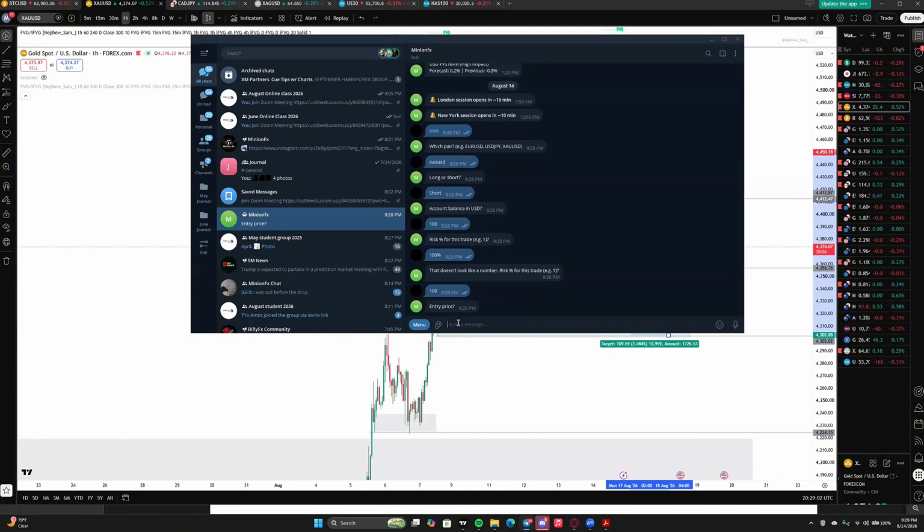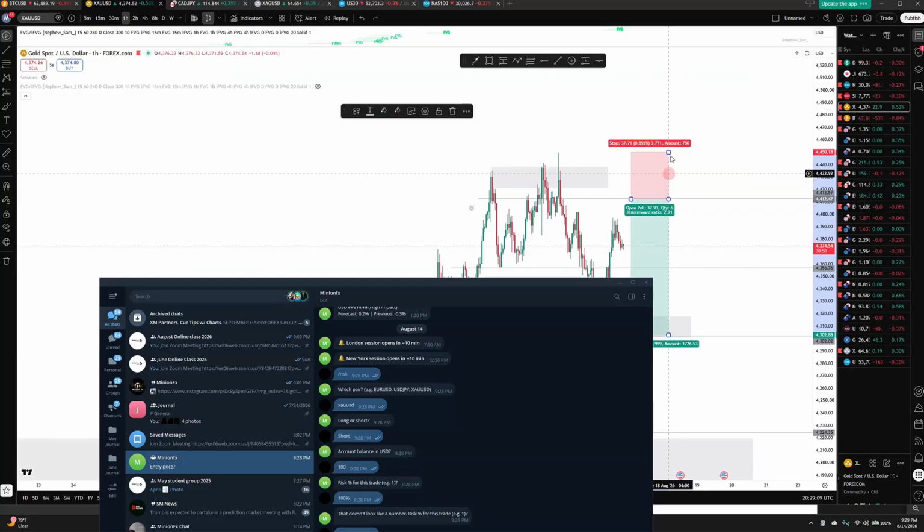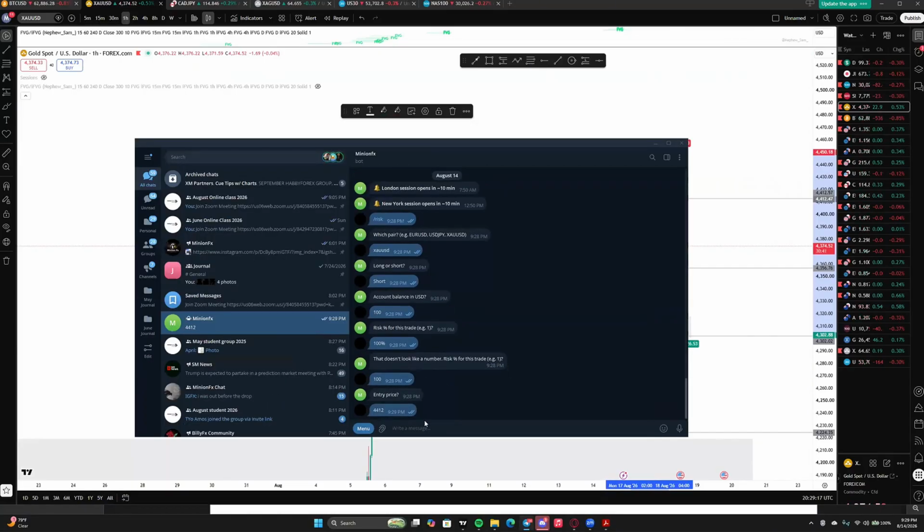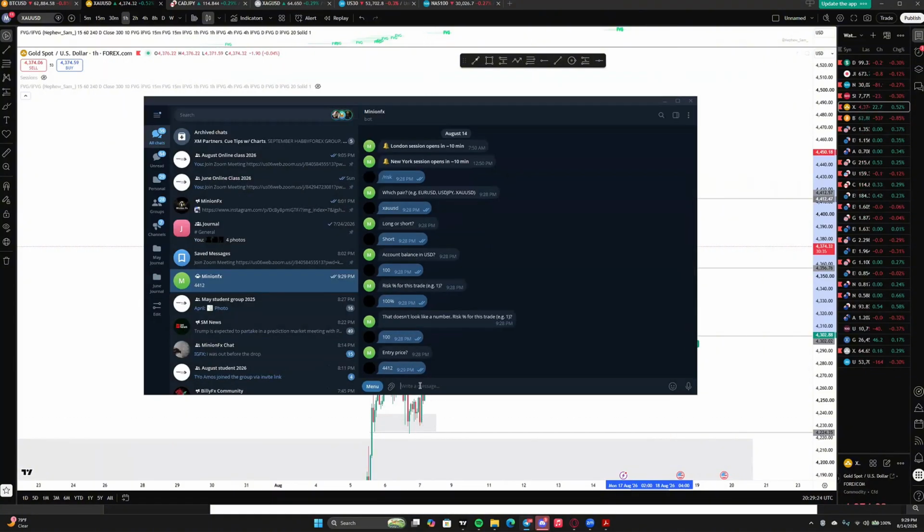Then it asks for your entry price, where you entered the trade from. Your entry and your exit price are important. So I'm entering the trade from 4412. I'm saying 4412. It will ask me to come back with the stop loss price.